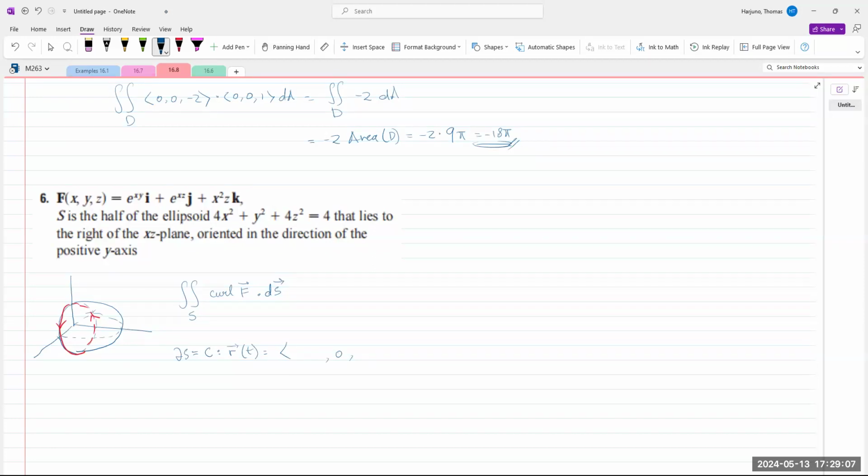When you set y equals 0, then you get 4x squared plus 4z squared equals 4, so x squared plus z squared equals 1. So let's use cosine t for the x component and sine t for the z component, where t is from 0 to 2 pi.